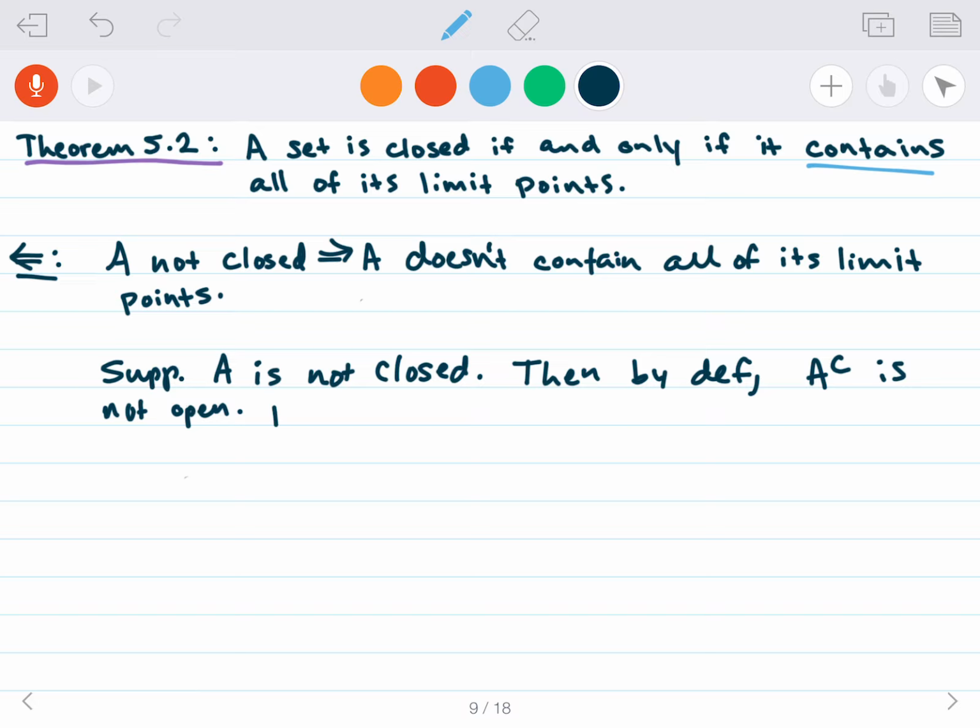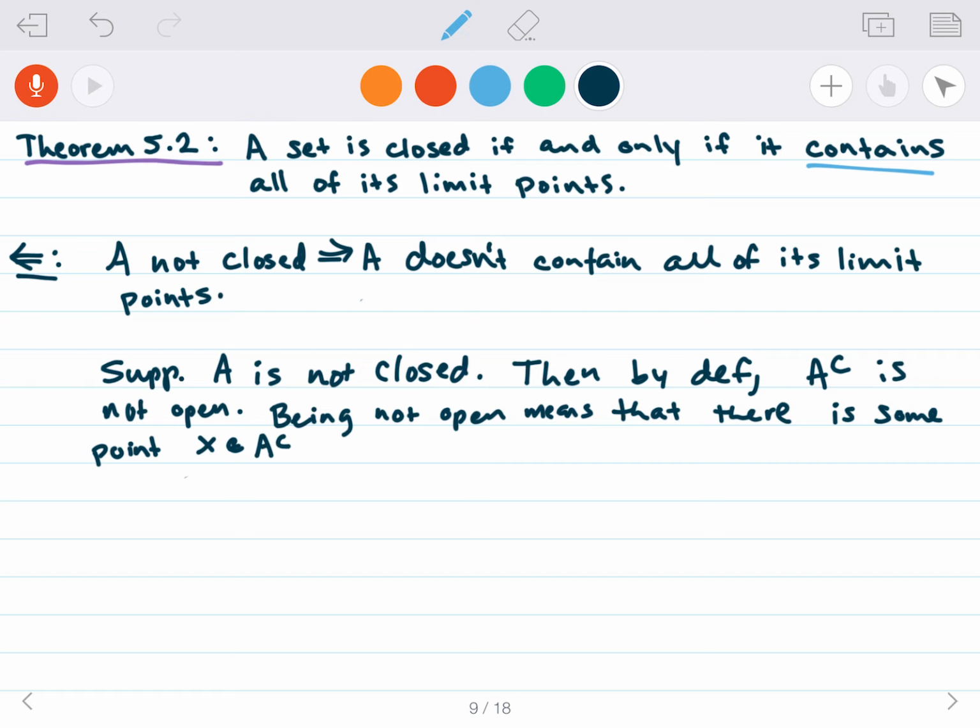So, being not open means that there is some point in the set so that every epsilon neighborhood is not contained in the set. Or in other words, every epsilon neighborhood contains a point outside of the set.